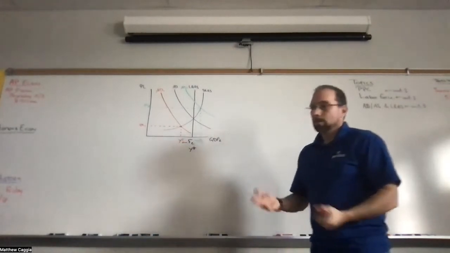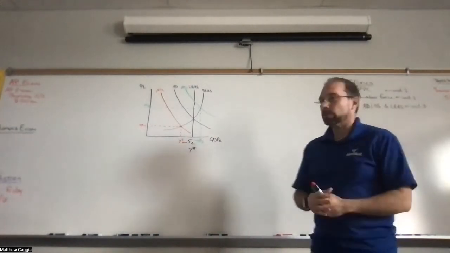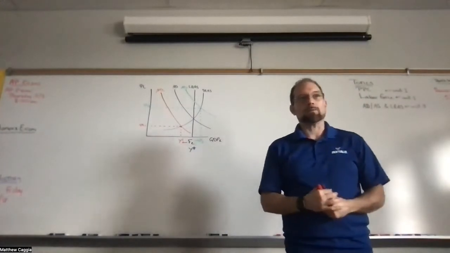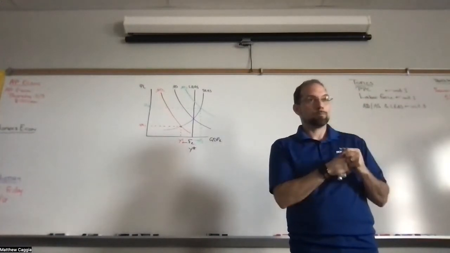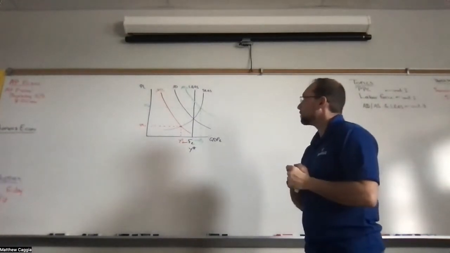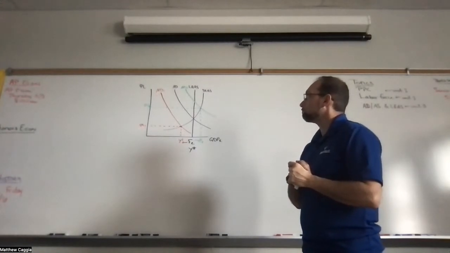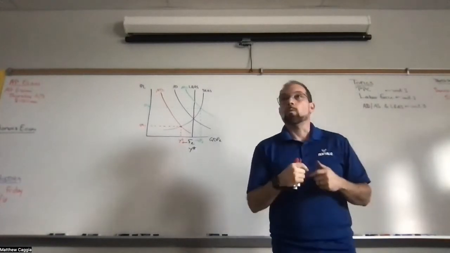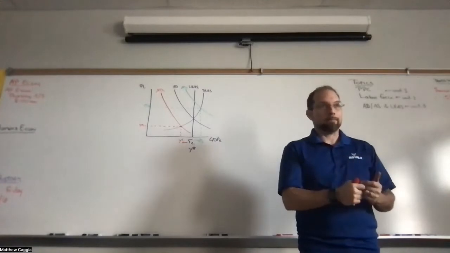So the biggest impact they can have is on aggregate demand, and that's what monetary and fiscal policy will do. AD and AS cannot move at the same time. There will never be a scenario when they move together. We will only move one at a time.